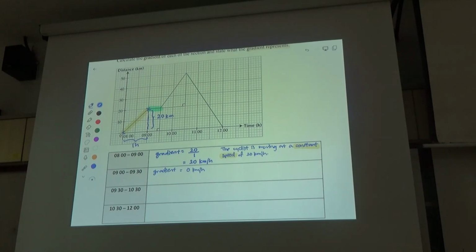So when the gradient is 0, it means that the speed is 0, because we understand that a gradient in the distance time graph tells us speed. So speed being 0, it means that the cyclist is at rest.